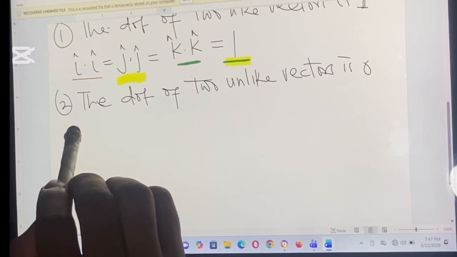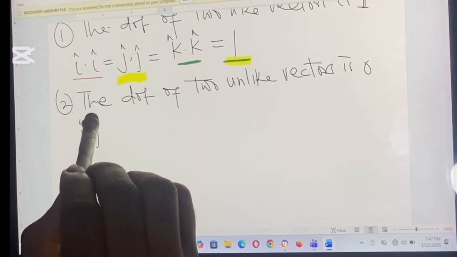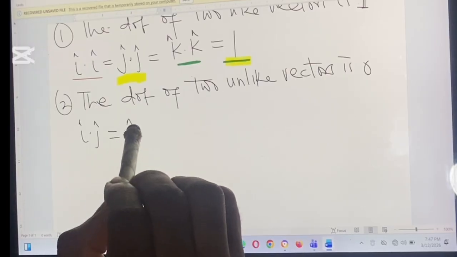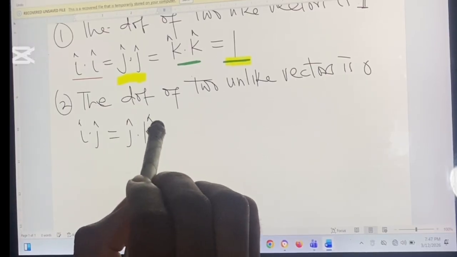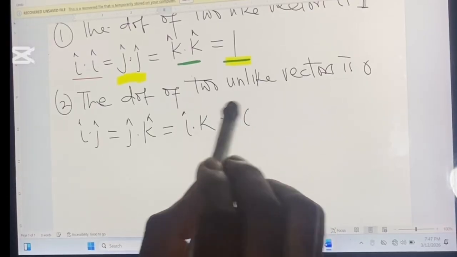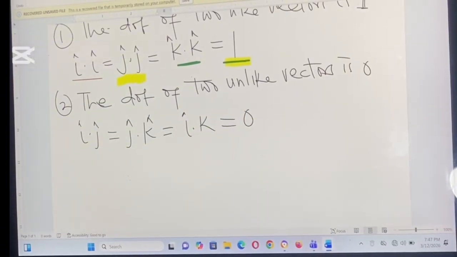If you have I dot J is the same as J dot K is the same as I dot K, the result is 0. Whenever you dot unlike vectors, that is, whenever the vectors are not the same, please take note, the result must be 0.